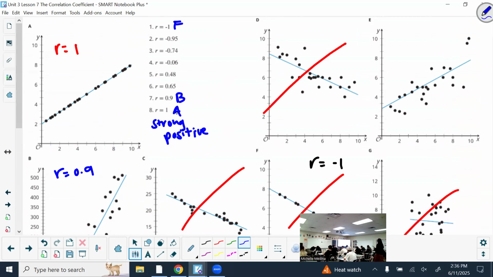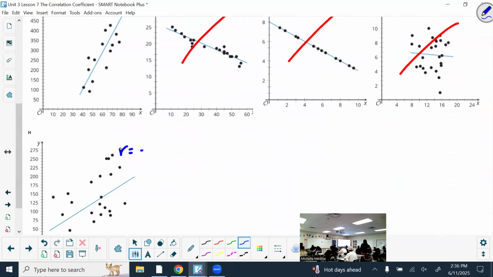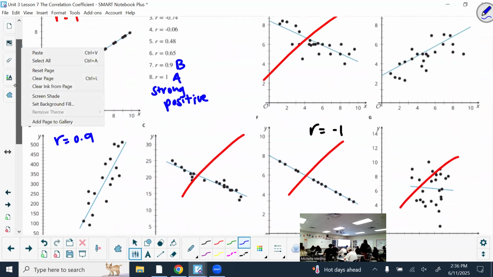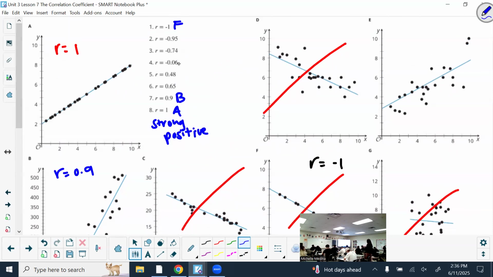Kyle, tell me another match that we're able to make. 4 and H. Okay, so the negative 0.06. Negative 0.06 is pretty close to what? Out of the other R values, there's no other one that's close to 0. So I would expect the one that is attached to this R value to look more like the no correlation.